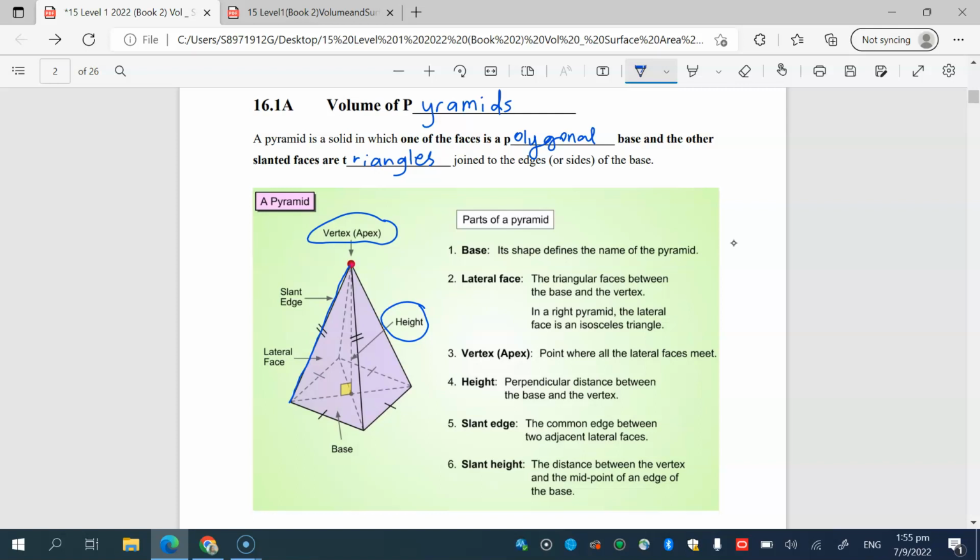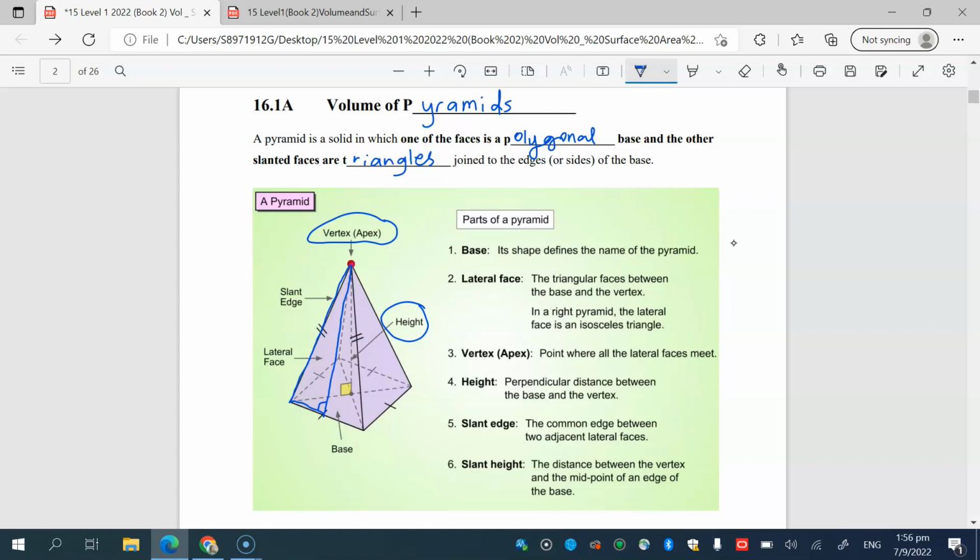Okay, so the distance between the vertex and this part over here, the midpoint of the edge of the base, this is known as the slant height. This blue line that I just drew is a slant height. And as you can see, it also forms another perpendicular line over here. Okay, and it forms a right angled triangle. So these are the parts of a pyramid you must know.